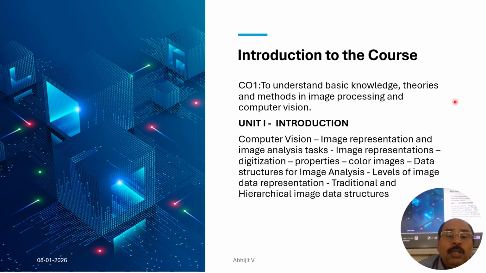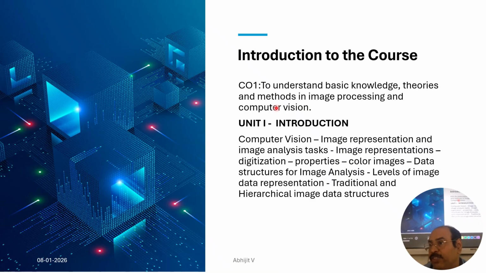We have so many interesting things that we need to do about image processing. We need to find out how to analyze an image. The first thing is that you need to understand what the components of the image are, right? So what is the first course outcome?